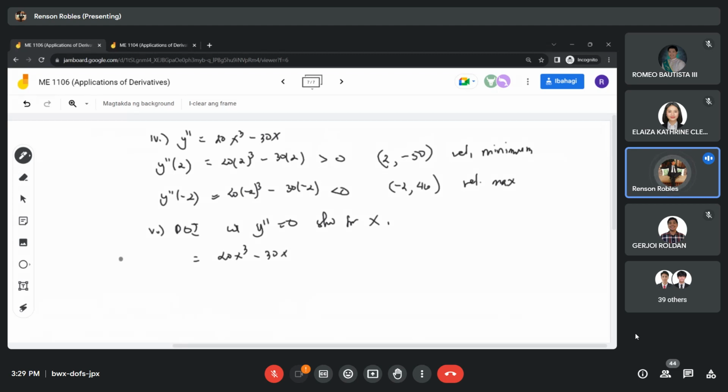All right, so this is your y double prime. Let that equal 0, and then you solve for x. 0 equals 20x cubed minus 30x, factor out 10.